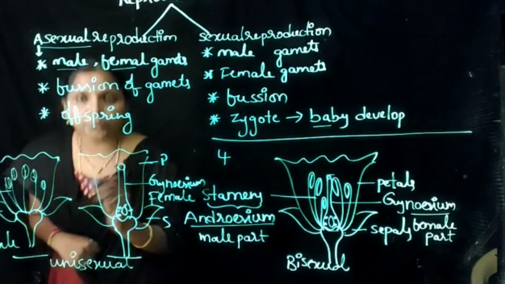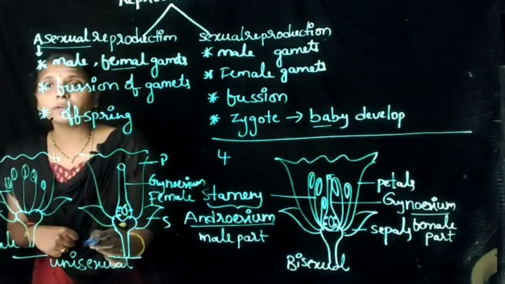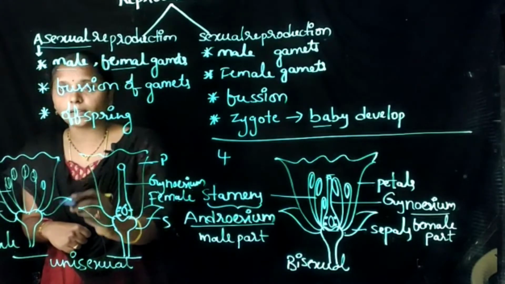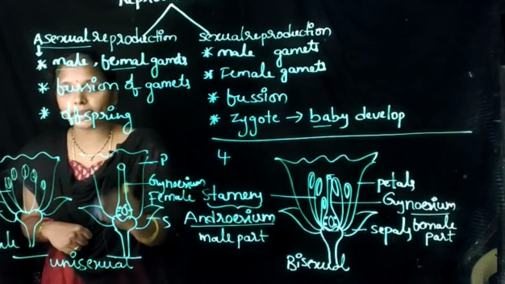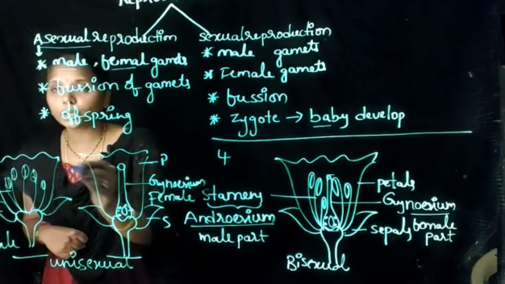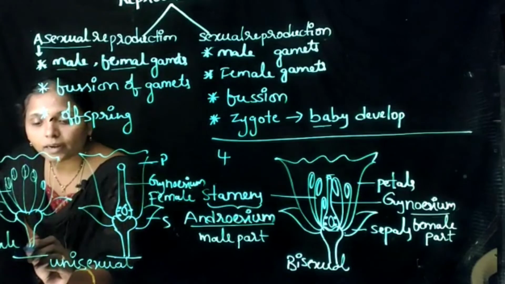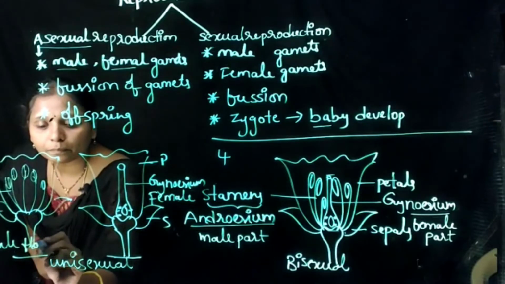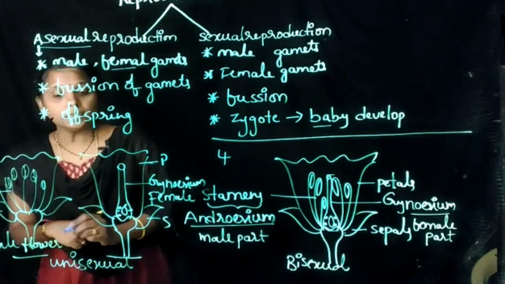Unisexual means having only one sexual part, either androecium or gynoecium. If the flower contains the androecium, that is also unisexual and is called a male flower. Male flower.